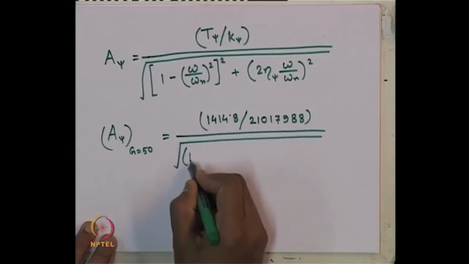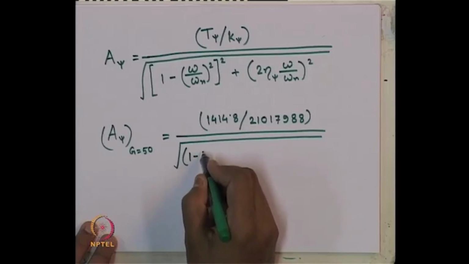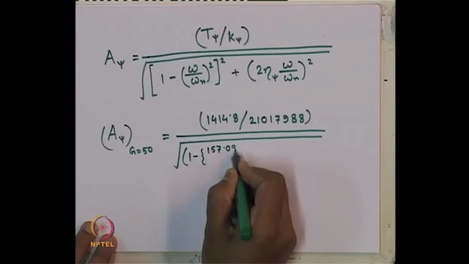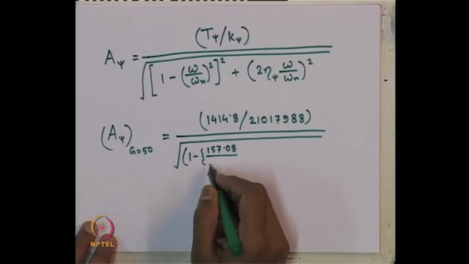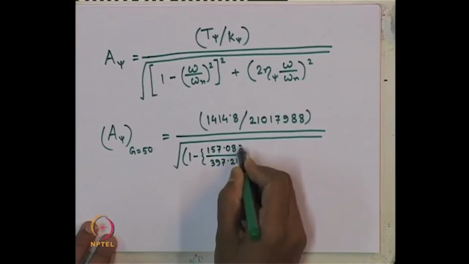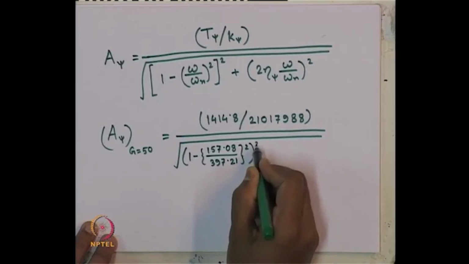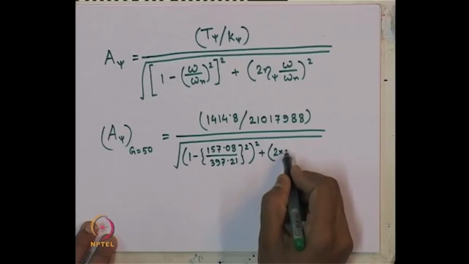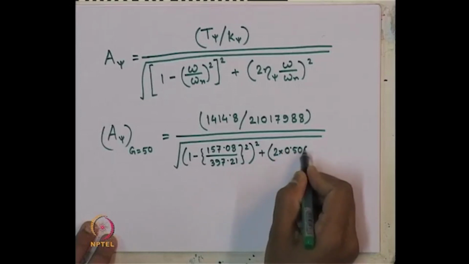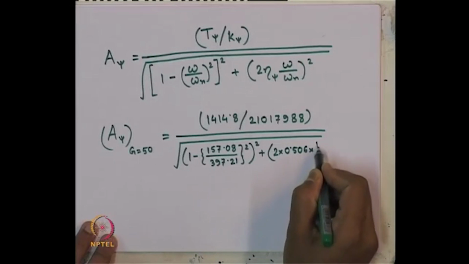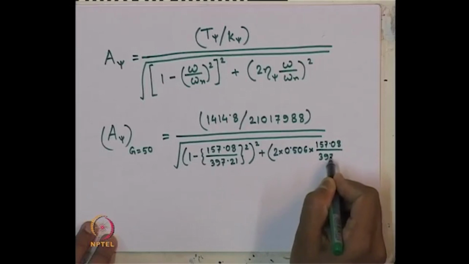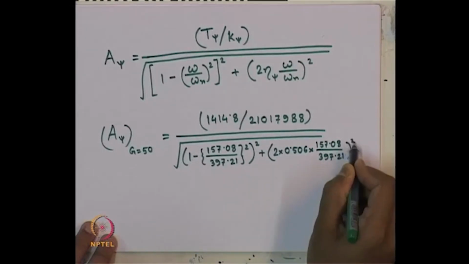Now, this value is 1 minus omega, which is 157.08, and omega n for first type of soil we had calculated as 397.21, whole square, that square, plus 2 into eta psi, which we calculated as 0.506, times 157.08 by 397.21 whole square.